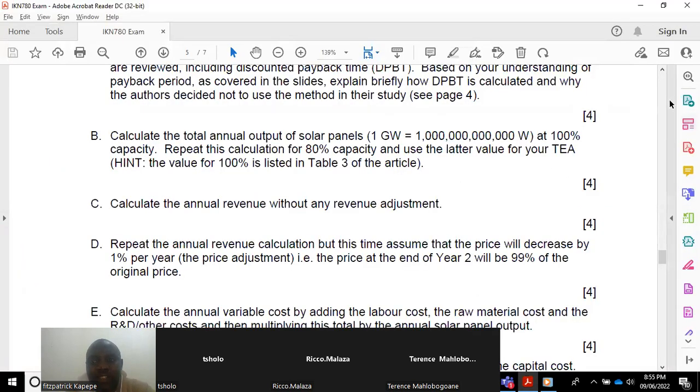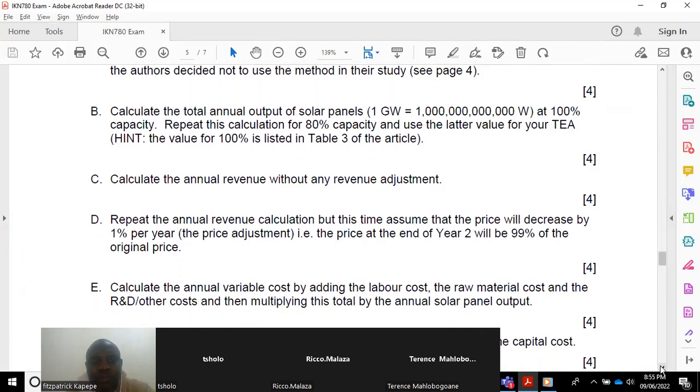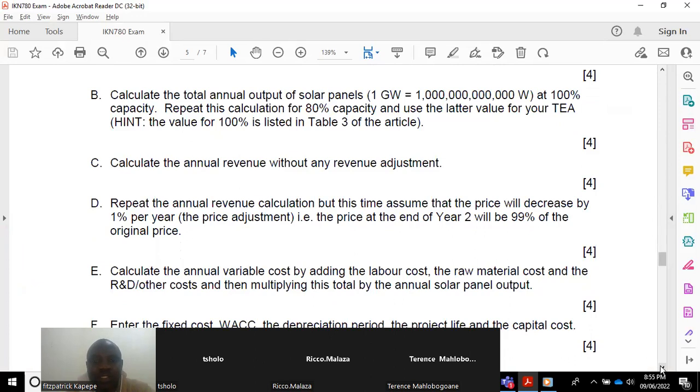Okay, so let's check on the question. It says calculate the annual revenue without any revenue adjustments. So you can do that without adjusting. Then prepare the annual revenue calculation, but this time assume that the price will decrease by 1% per year. The price at the end of year 2 will be 99%. This is what we have done; this is what we factored in there.